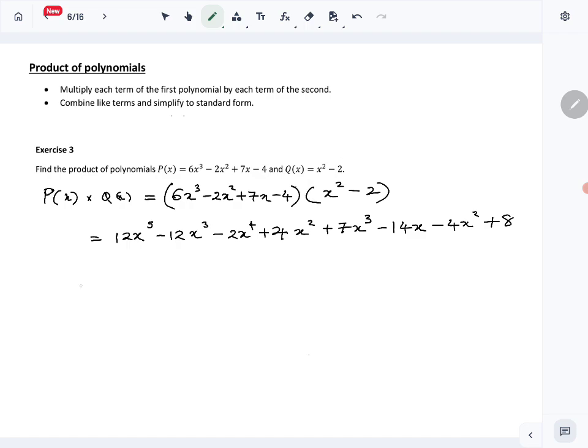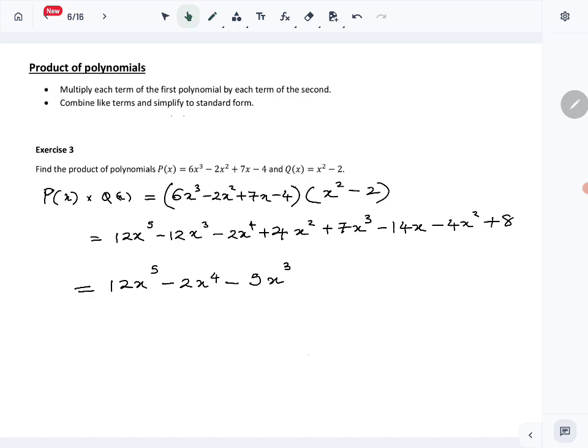Now combine like terms and simplify. So you have 12x to the 5, minus 2x to the 4. Is there any other way we got x to the 4? No, so only that. So minus 2x to the 4. Then look at the x cubed terms. Minus 12x cubed plus 7x cubed, so minus 5x cubed.